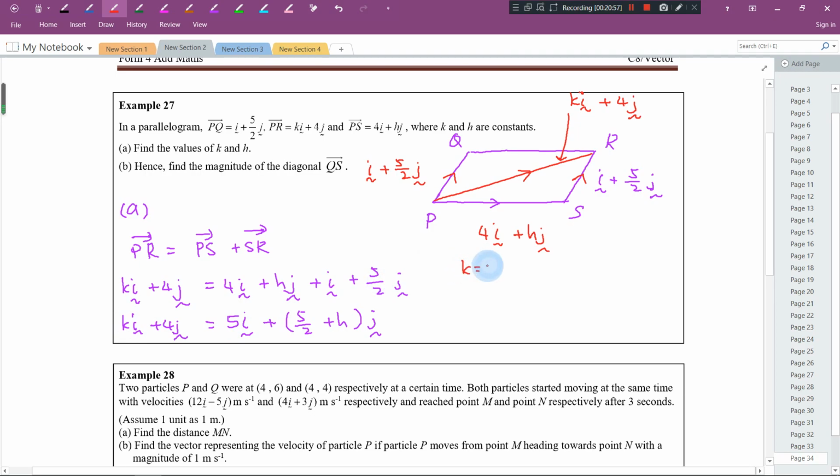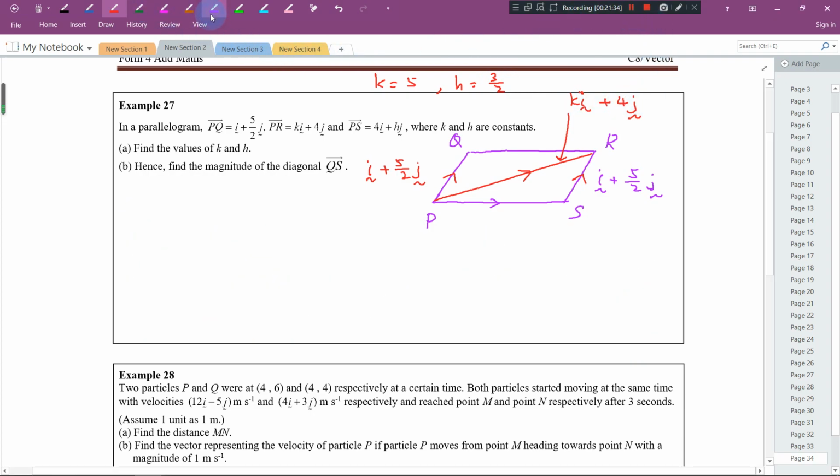And 4 is equal to 5 over 2 plus h. So h will be equal to 4 minus 5 over 2. 8 minus 5 is 3. h is equal to 3 over 2 and k is equal to 5. Let me write down first: k is equal to 5 and h is equal to 3 over 2.